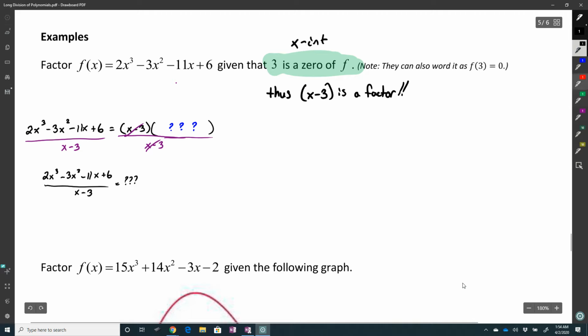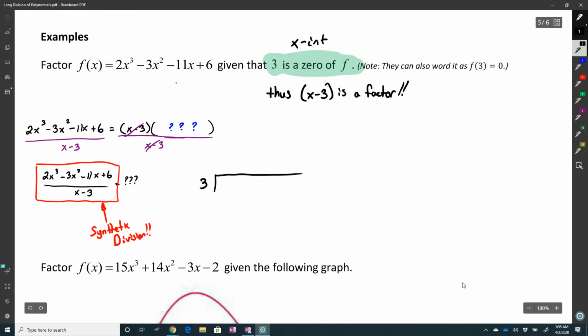We can do this with synthetic division. My c is 3. I can put the coefficients of the numerator up top: 2, negative 3, negative 11, and 6. And I can work this out. 2, 6, 3, 9.